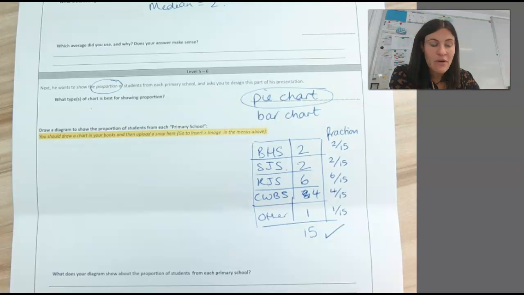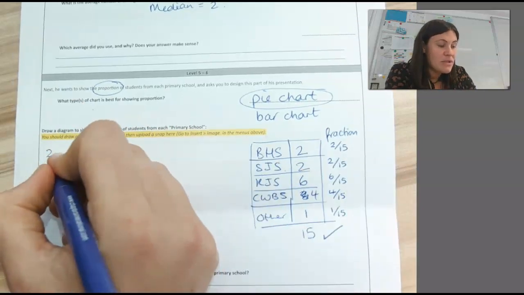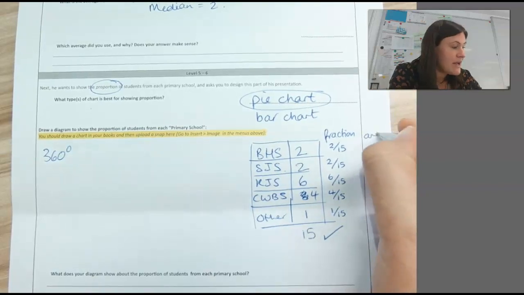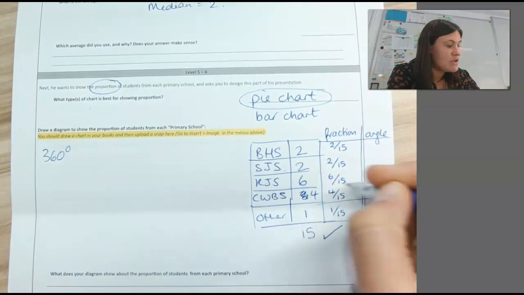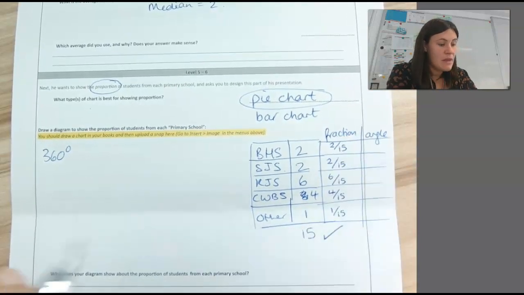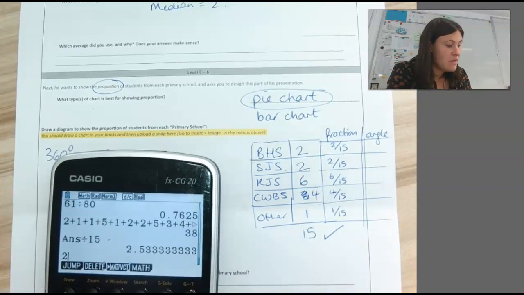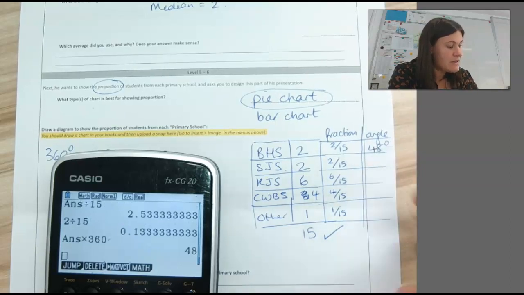Now, 2/15 of what? 2/15 of my whole pie chart, which is 360 degrees all the way round. So now I'm going to work out the angle that I need to draw for each school. So I want 2/15 of 360. This angle will be 48 degrees.